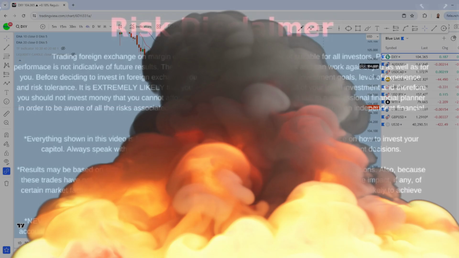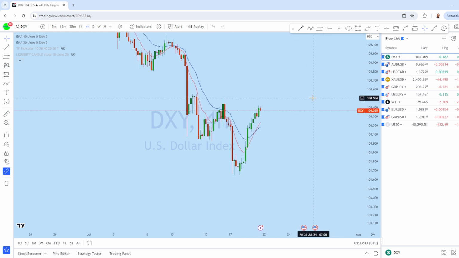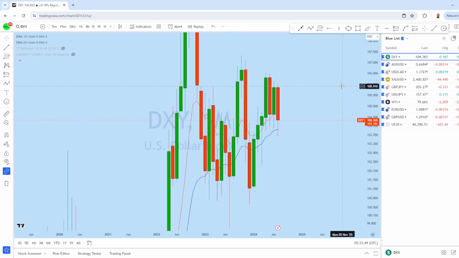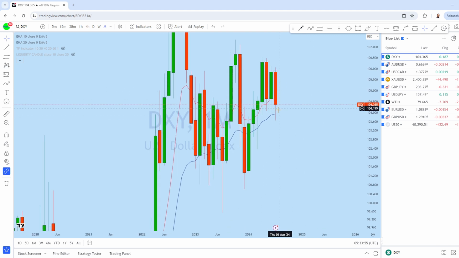Okay, so let's begin first of all starting with DXY. Let's see what kind of opportunity we have in DXY, starting with the monthly chart to see the overall picture in the market. Now from the monthly, we can see that DXY so far in the first 20 days of the month, we have seen significant bearish price action.